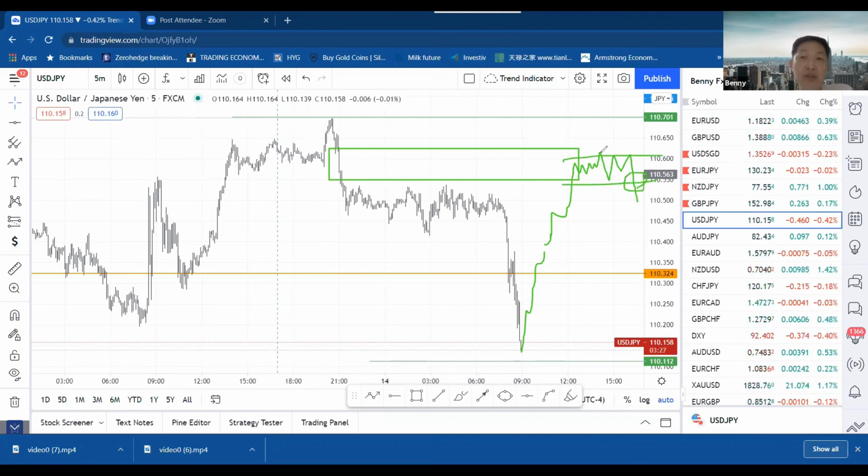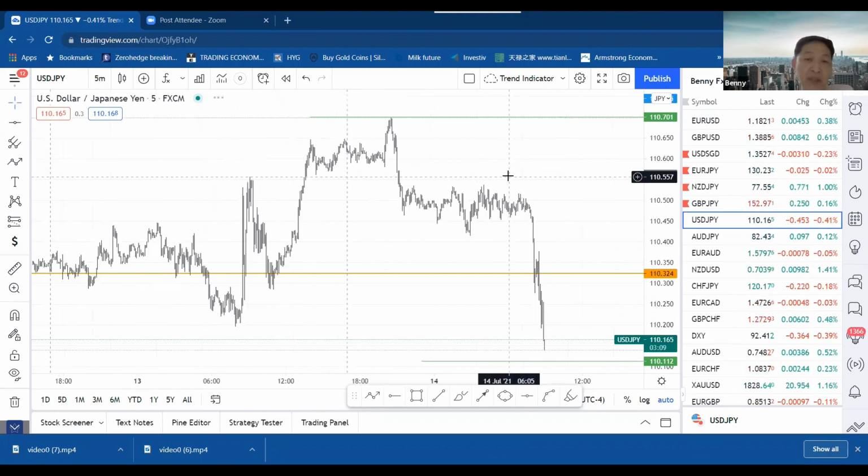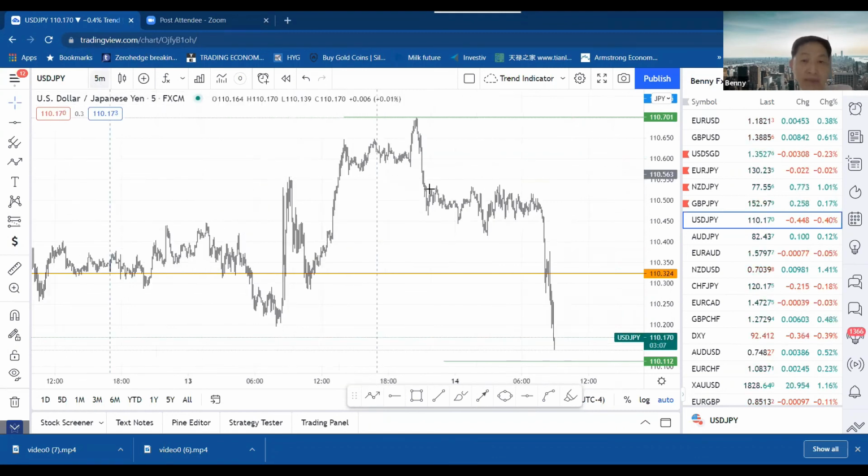Then I take the short. Either stop loss here or here. I will not just simply put a sell limit and stop loss and wait for price to come and trigger my sell limit and continue to go higher and stop me out, right? I will not do that. Okay, so I prefer to use confirmation entry, right? Because I can watch the market.